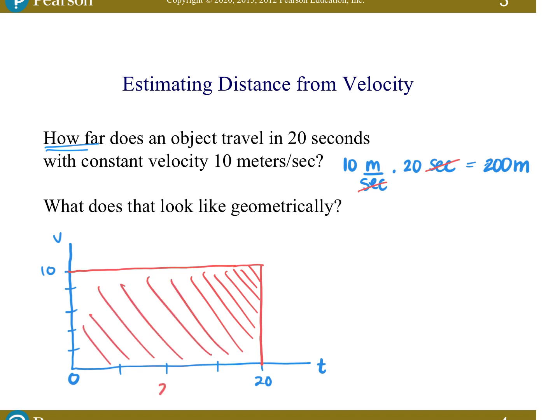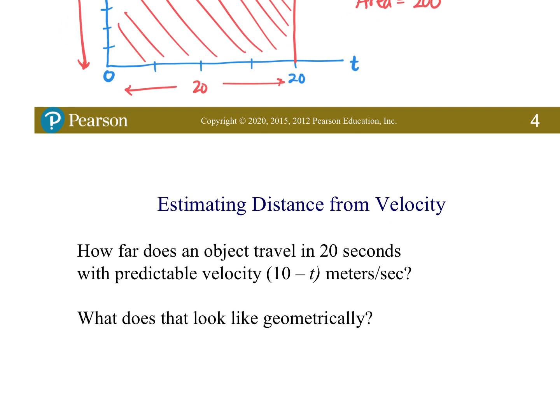So we have 20 as its base, we have 10 as its height, and 20 by 10 leads to an area of 200, which is the same value that we got using multiplication. So the connection is true: the science, the units of multiplication, also match up to what it would look like geometrically. So that's a real basic example.